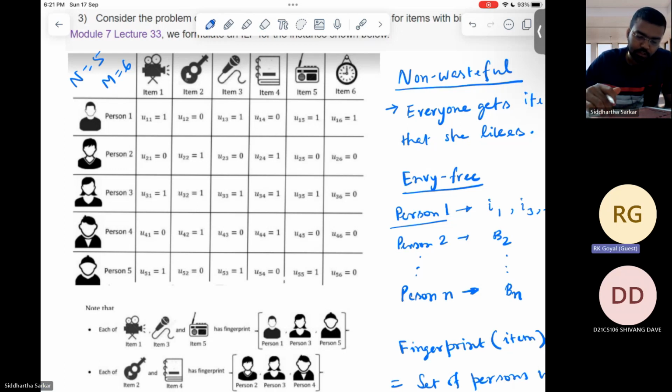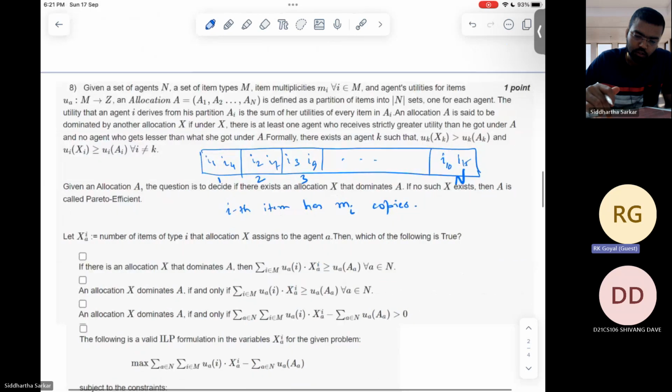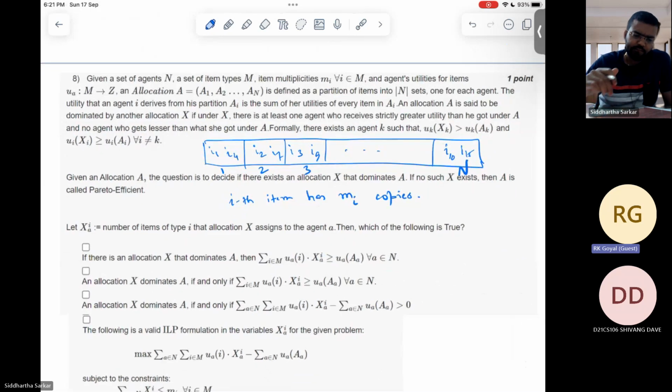And this A3 would refer to the items which have been allocated to agent 3. It is the set of items, maybe 3 notebooks and 1 guitar and 2 mics like that. That is a box. He has a box, and in his box there is a set of items. So what will be the utility of the allocation for agent 3?